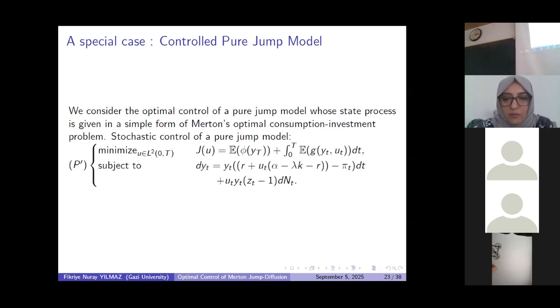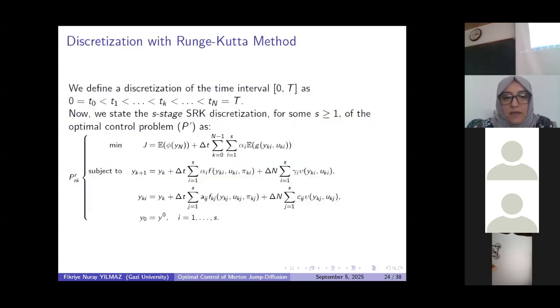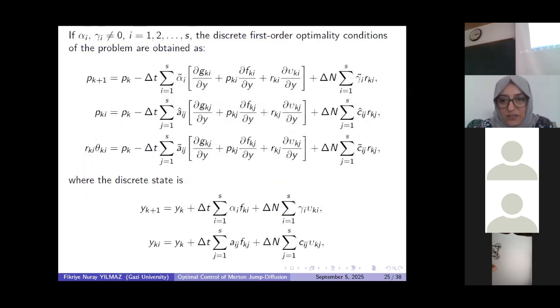So we omit the W term here. And this is the discrete form of our scheme for the pure jump model. They're actually similar to each other, but we just omitted the WT term.